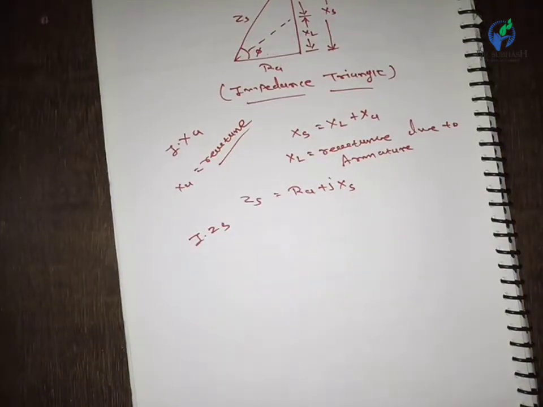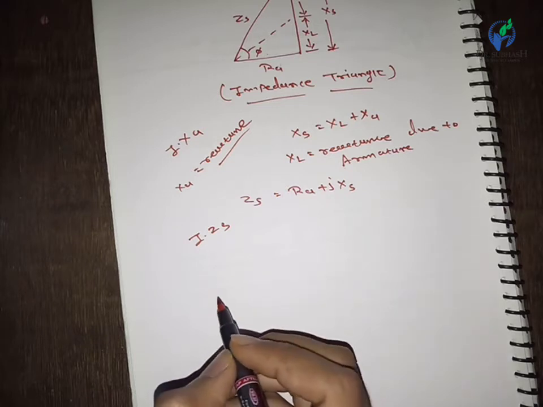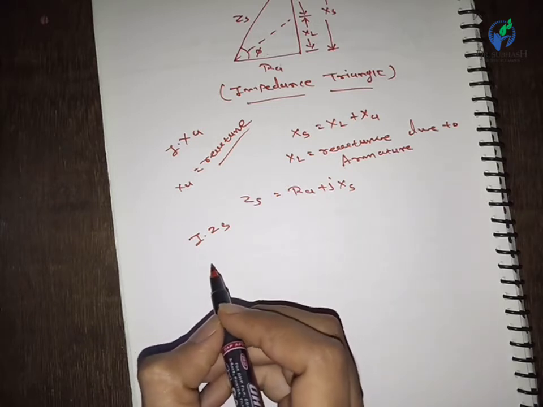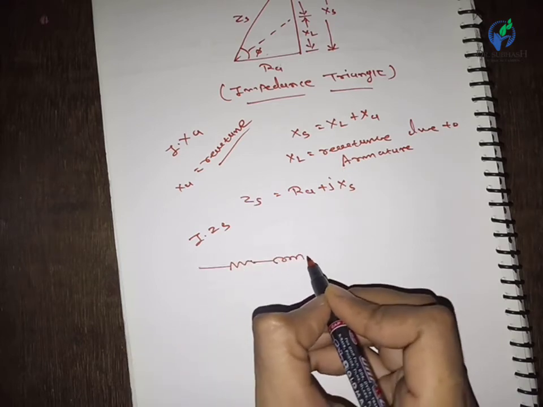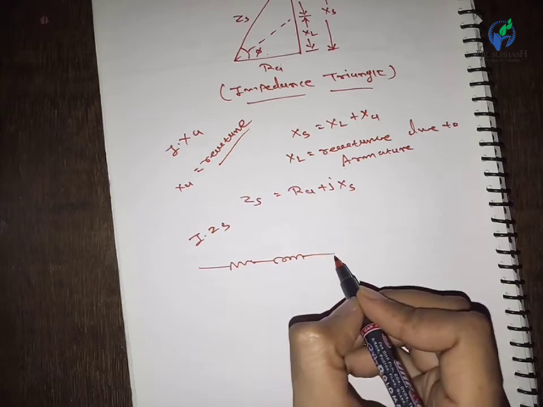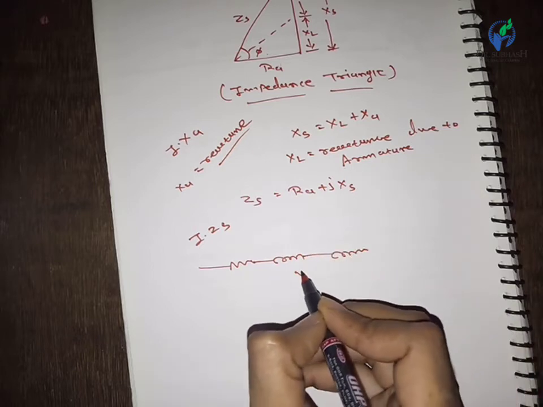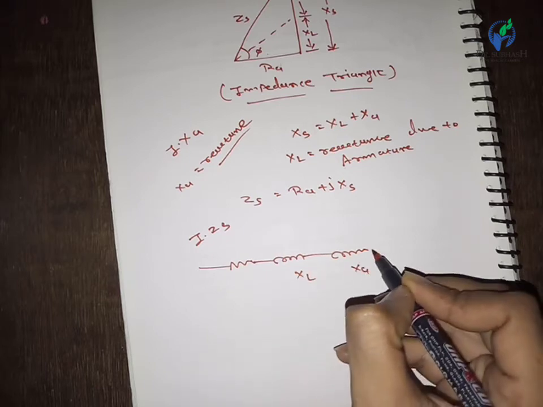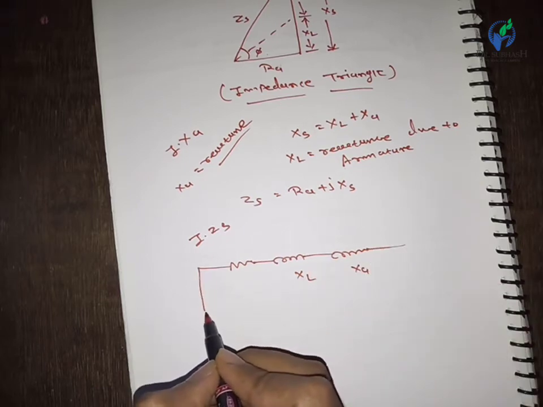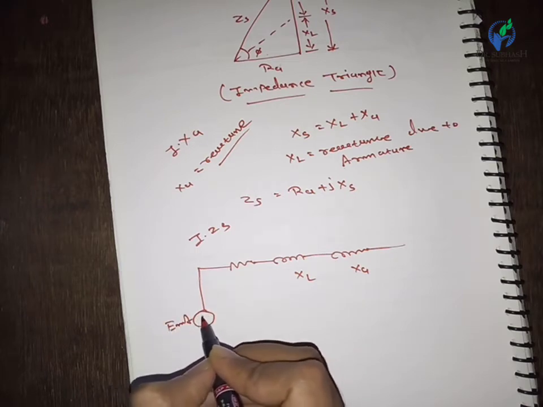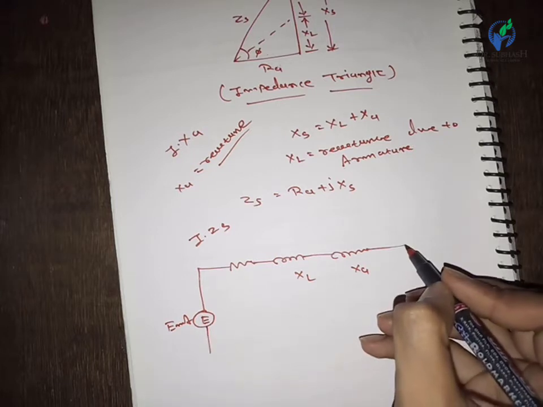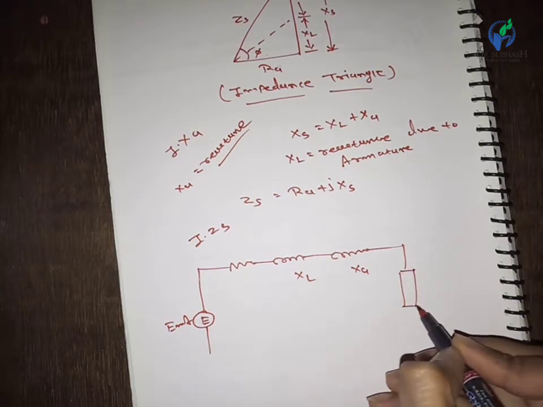Now we represent the per phase equivalent circuit of a synchronous generator. In the equivalent circuit, there is a resistance parameter and inductance parameters XL and XA. This is the EMF of the supply, connected with a load.